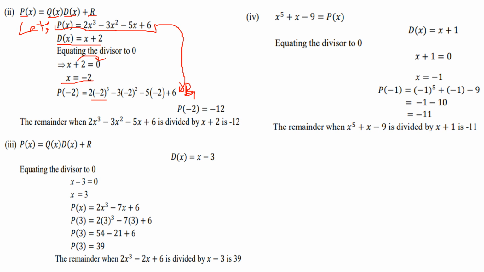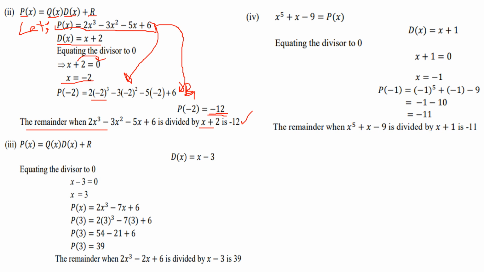So wherever there is x in the polynomial function of x, you put negative 2. Picking your calculator to simplify, you are going to get polynomial of negative 2 being negative 12. And I've told you, after substitution, whatever you get is called the remainder. So that's why we are saying the remainder when our polynomial function of x is divided by x plus 2 is going to be negative 12.